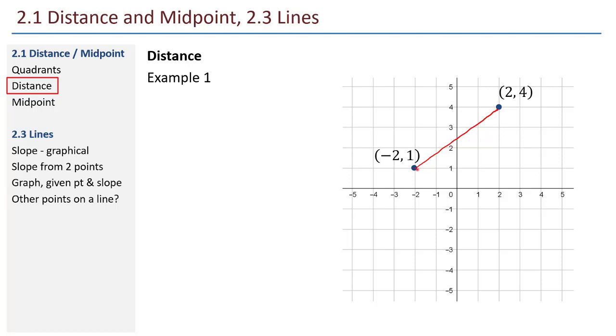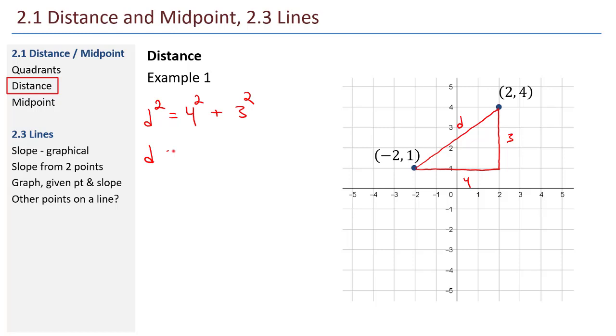We make a triangle. In fact, we make a right triangle, and we're going to use the Pythagorean theorem. So this horizontal segment, what is the length of that? Well, that's 4. And the vertical segment, what is the length of that? That's 3. The hypotenuse, let's call that d. And so by the Pythagorean theorem, d squared equals 4 squared plus 3 squared.